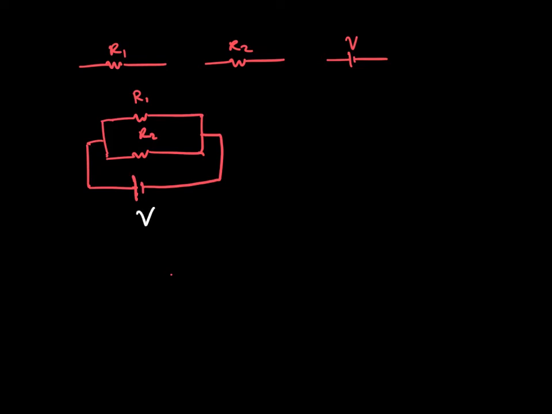So this is V, this is R1, that's R2, and any current leaving this voltage source, let's call this I. At this junction there are two options, which means the current will split up at this junction into a current, we'll call this I1, the current through R1, and then another current I2, the current through R2.